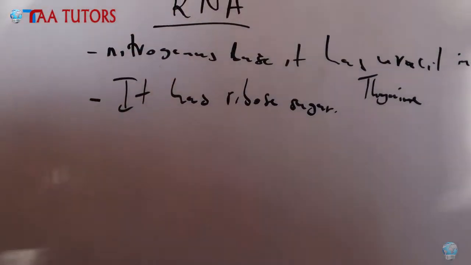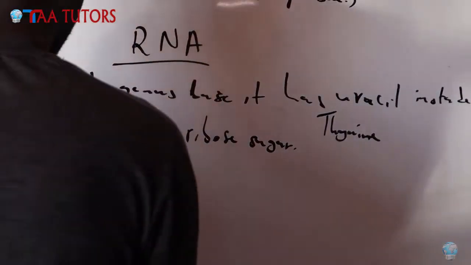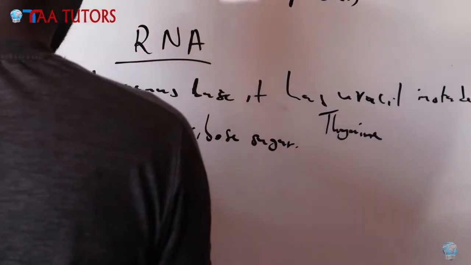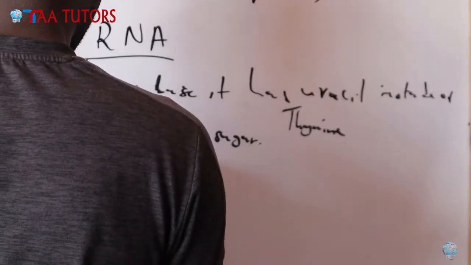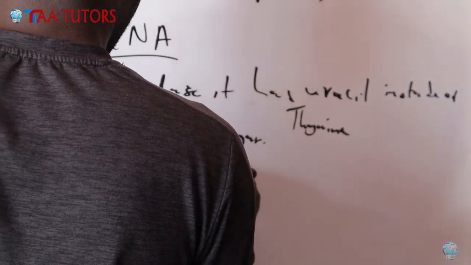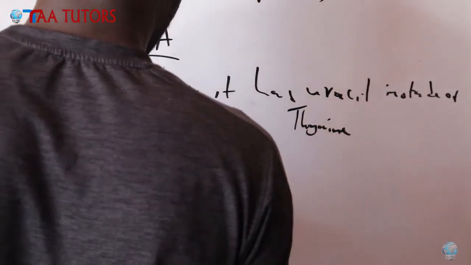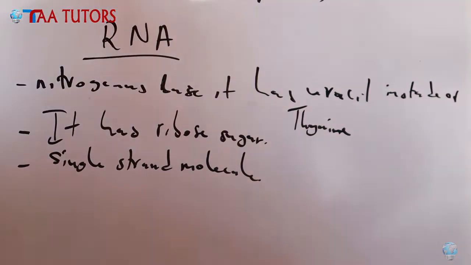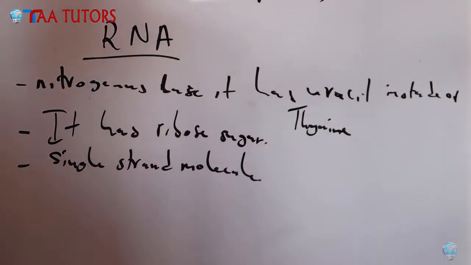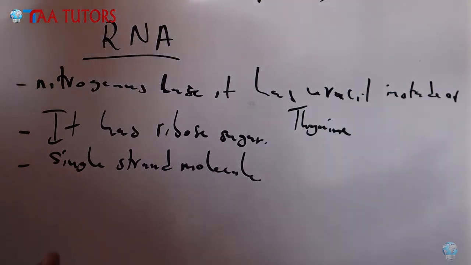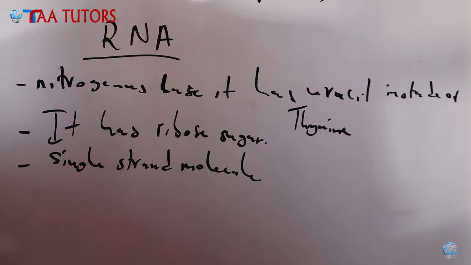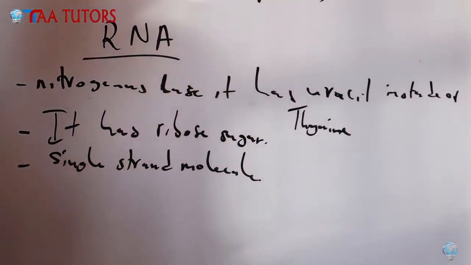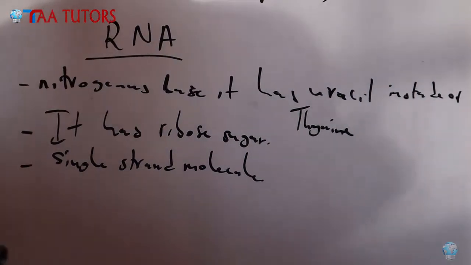Then finally, the DNA was a double helix, while this one is a single-stranded molecule. So these are some of the key things that we have to highlight that bring in the difference between the RNA and the DNA. So we have to realize that for this particular protein to be synthesized, number one thing is that the information must be collected from the DNA within the nucleus.